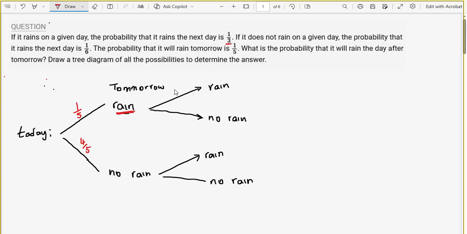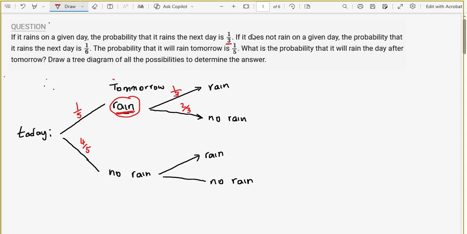So this is where we write the 1 over 3: if it rains on a given day, we start with rain, and the probability that it rains the next day is 1 over 3. Can you see that? Yes, sir. So if this is 1 over 3, what will be the probability of no rain? It's 1 minus 1 over 3, which is just 2 over 3. Are you following? Yes.